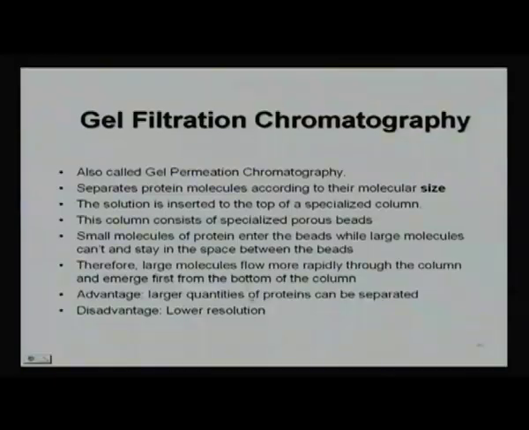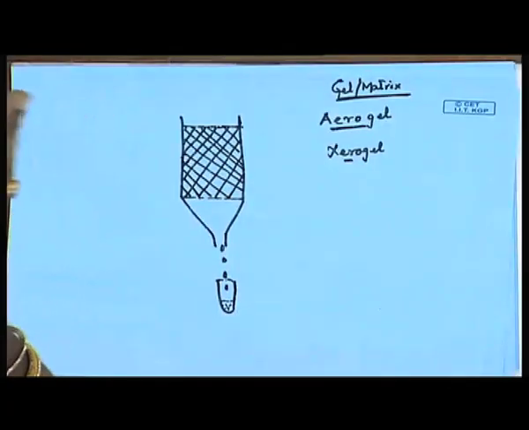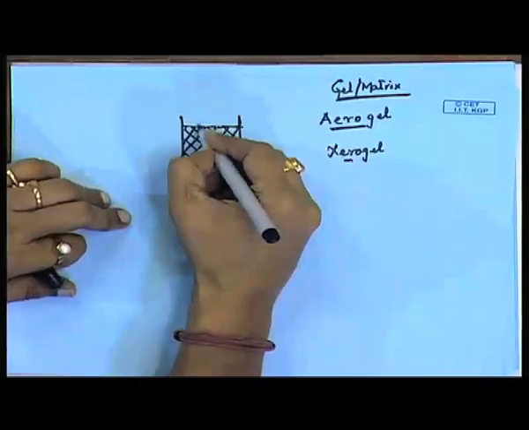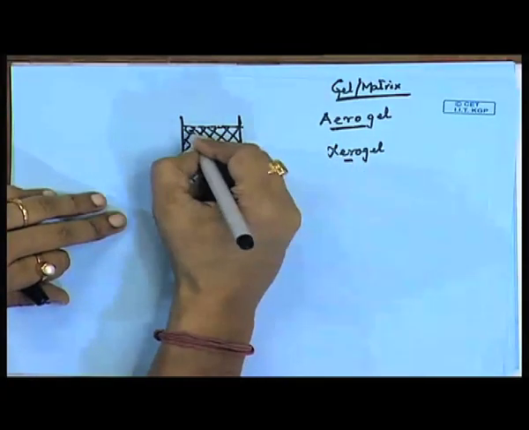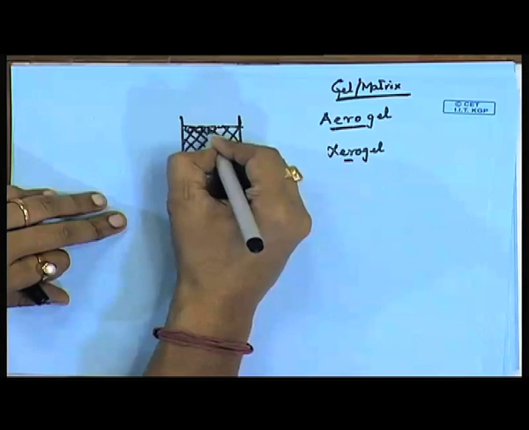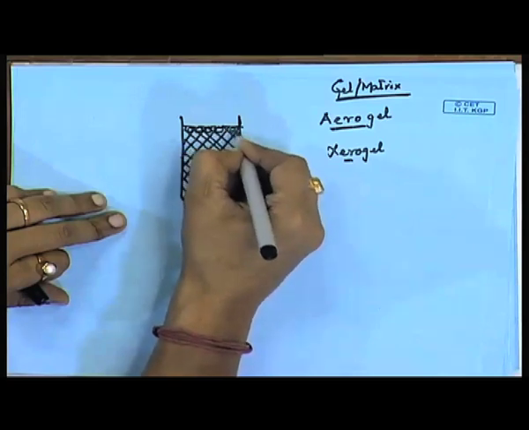The small protein molecules enter the bead while large molecules cannot enter, and they stay in the interspatial space of the two beads. So, these are the matrix molecules, and they are packed within the column.